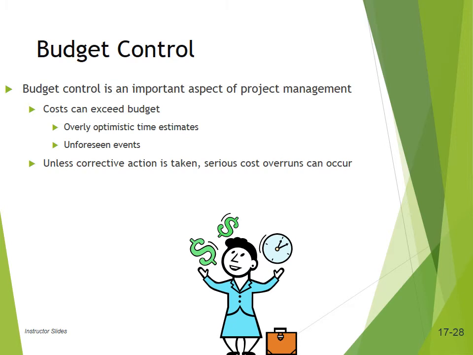Budget control is important. All this time we had been talking about the project duration or the project time. But another very important aspect of a project is the budget associated with each activity and the whole project as such.